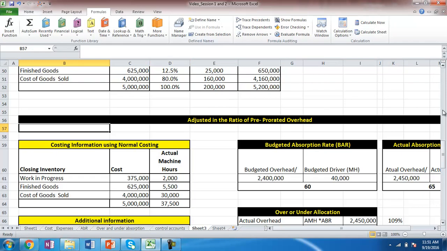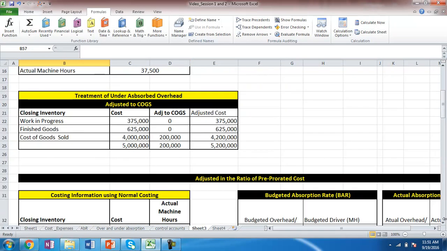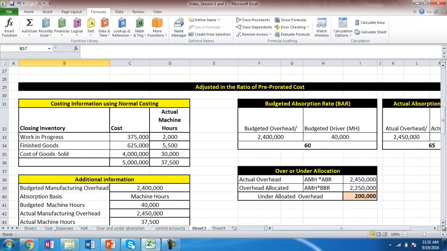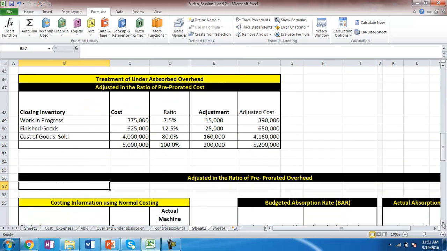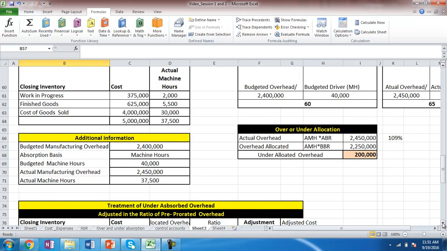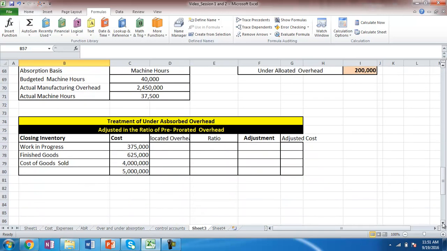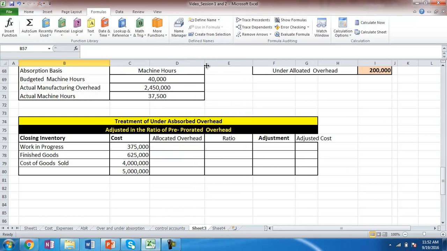So let us see the effect of that. There was a cost here, and all other information remains the same. So this is the total cost. So we have to find out what is the overheads included in this.